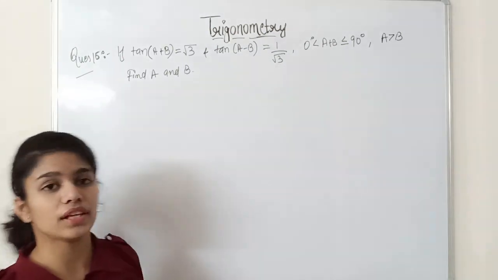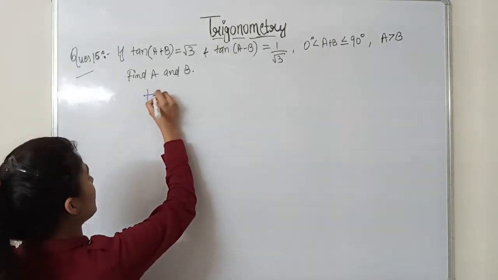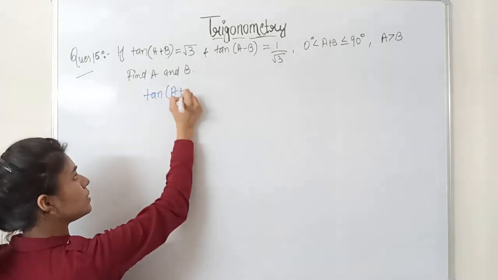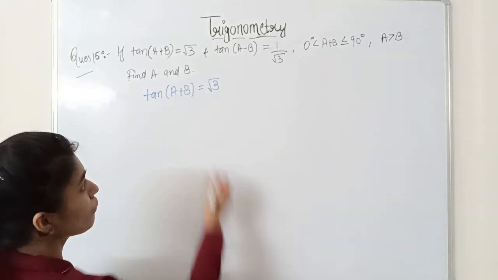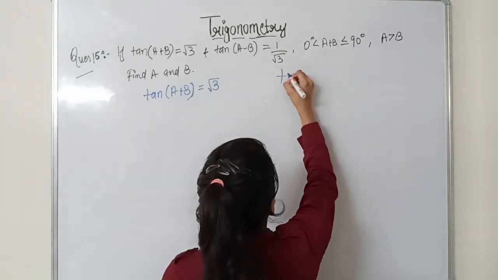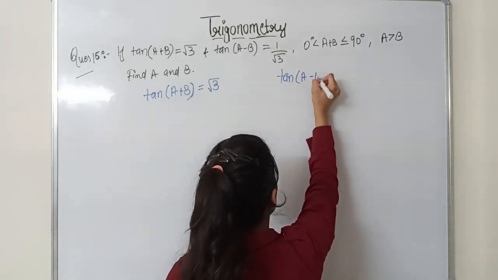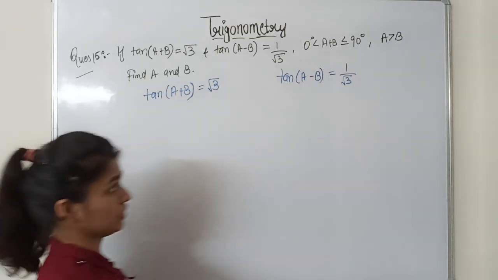We have to find the value of a and b. So what is given? Tan (a plus b) is equal to root 3. Next is tan (a minus b) is equal to 1 upon root 3.